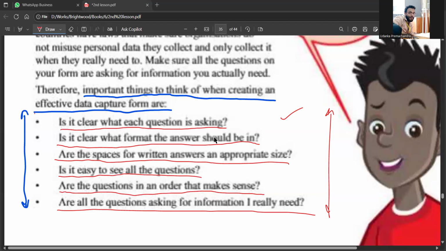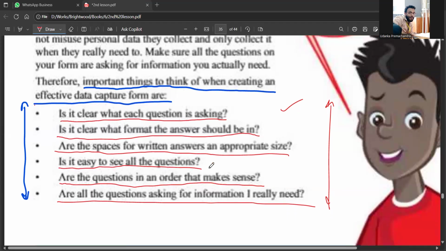You can write like that. These are the important things to follow. When creating an effective data capture form, it should be clear what each question is asking and what format the answer should take. There should be appropriate space for writing, and it should be easy to read all the questions.